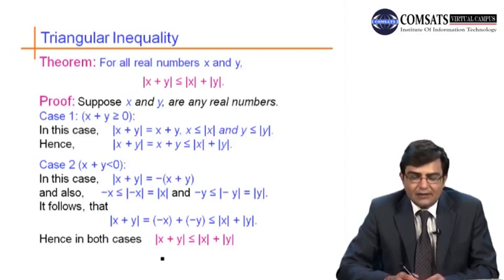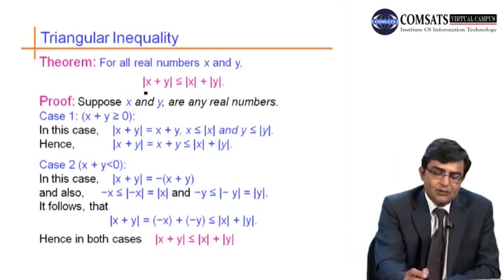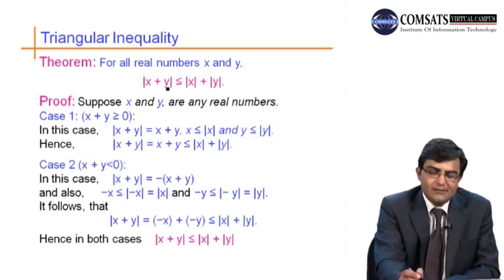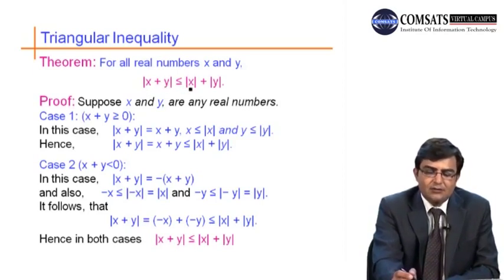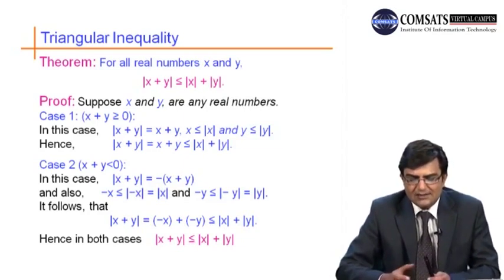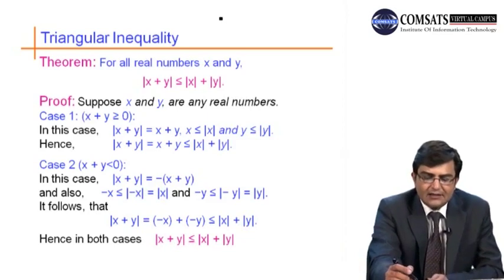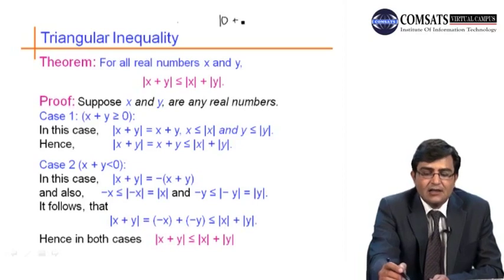For all real numbers x and y, two arbitrary real numbers, what is the triangular inequality? That is, the absolute value of x plus y is less than or equal to the absolute value of x plus the absolute value of y. We can see this if we take x as 10 and y as minus 5.